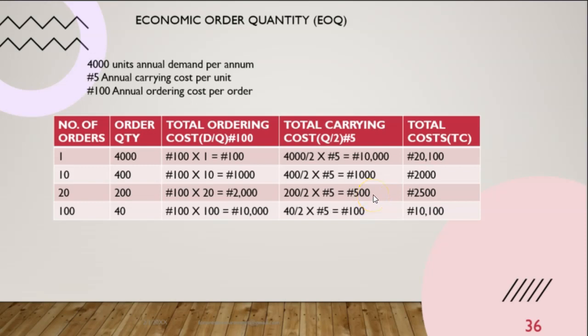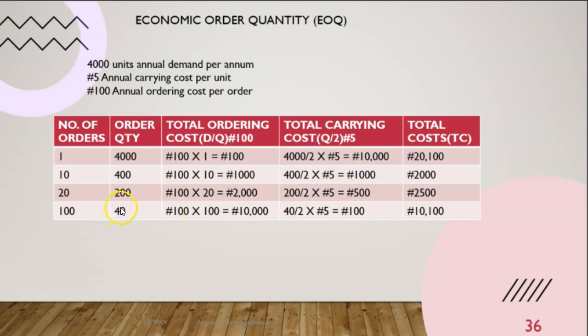So what is happening here is that in the first condition, we spent only 100 naira as ordering cost, but we are spending 10,000 naira as carrying cost. Then in the second condition, we increase the ordering cost because we increase the number of orders, to 1,000. Then carrying cost comes to exactly 1,000.